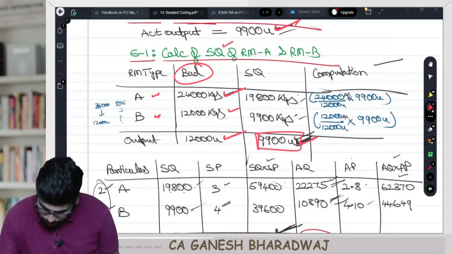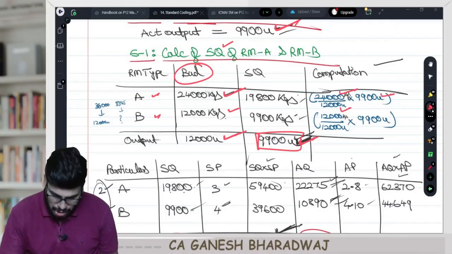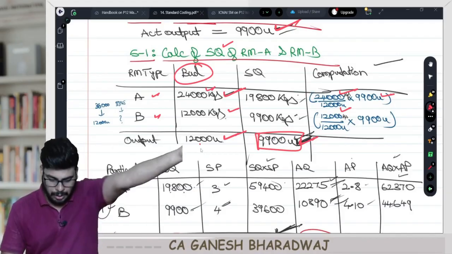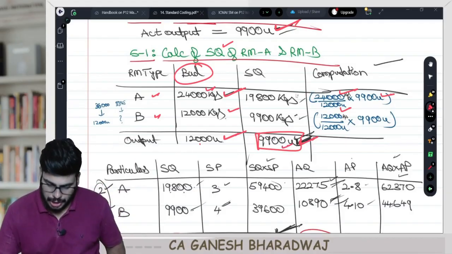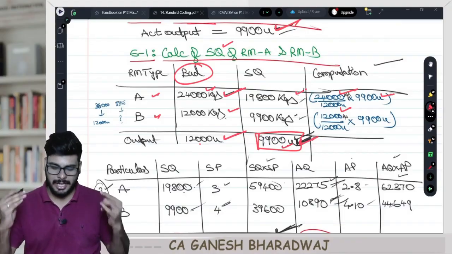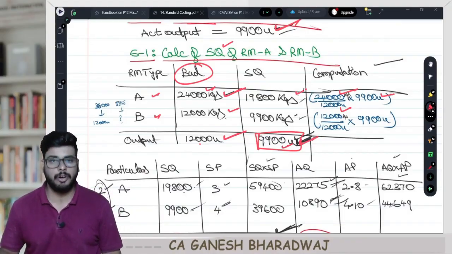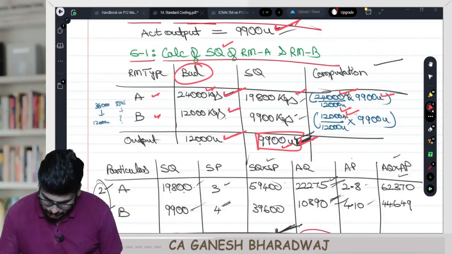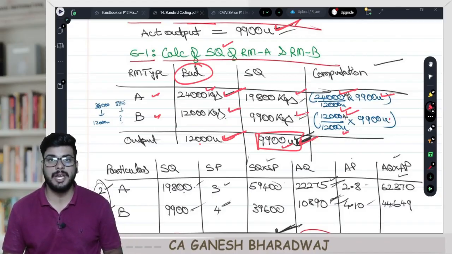So it's 24,000 divided by 12,000 into 9,900. Proportionately, you will get 19,800. You should have consumed 19,800 kgs of A. Similarly, kgs of B: 12,000 divided by 12,000 into 9,900. You get 9,900 kgs of B. Are you clear with this?